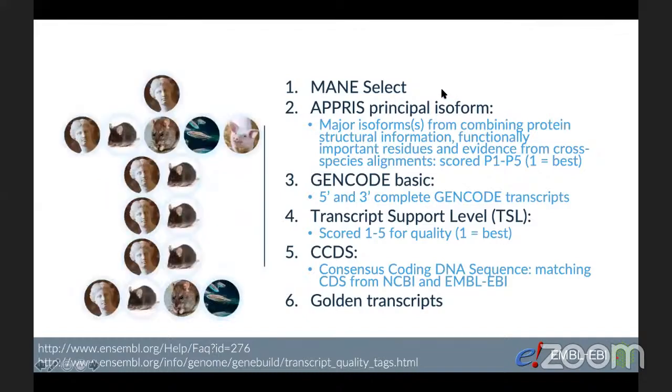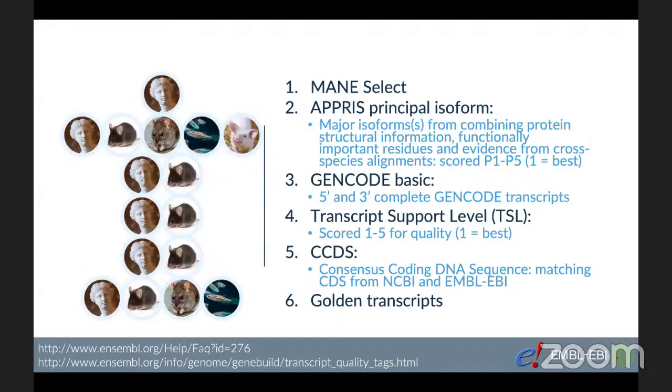So I would first look out for a main select transcript, which we just covered. But then if main select annotation was unavailable, then I would move to APPRIS. So APPRIS is another transcript scoring algorithm developed by a group in Spain. And those guys, they use their own judgment.